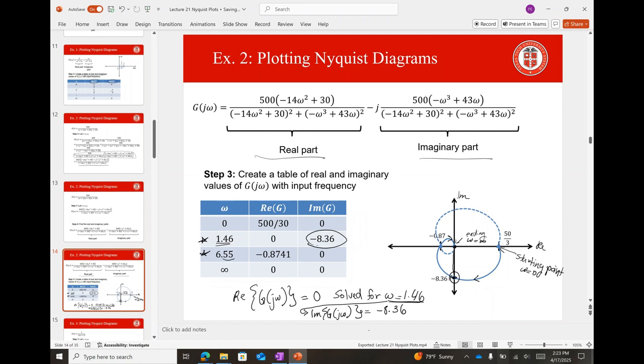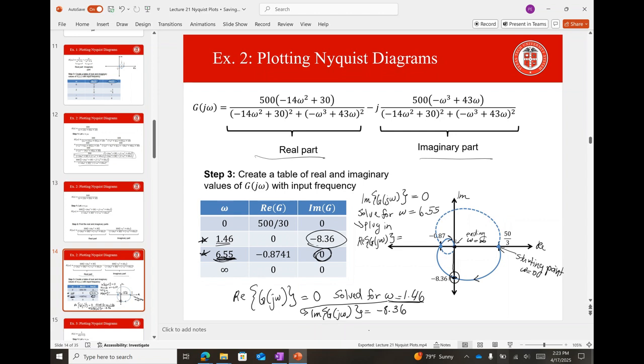Now, similarly for this one, we're going to fix the imaginary part to 0 and solve for omega, which turns out to be 6.55, and then we're going to plug this into the real part of g of j omega.